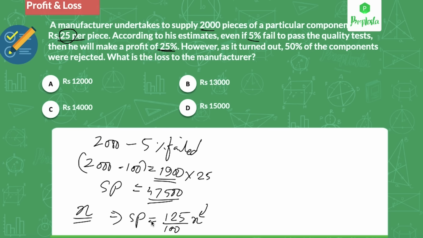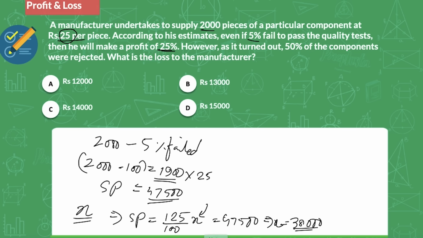That's how we find the selling price. If there is a 25% profit on something, then 125 by 100 of the cost price will give you the selling price, which is already given to us as 47,500. So from here I can calculate x, which would be 38,000, which is the cost price.